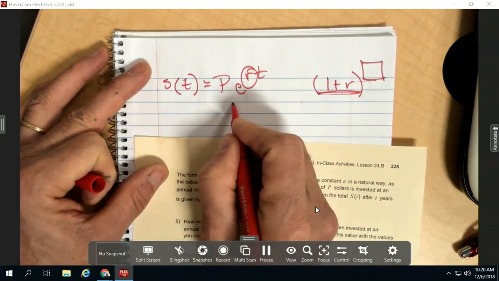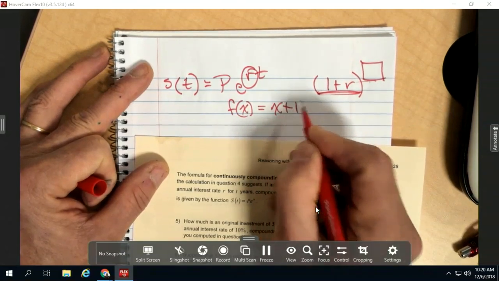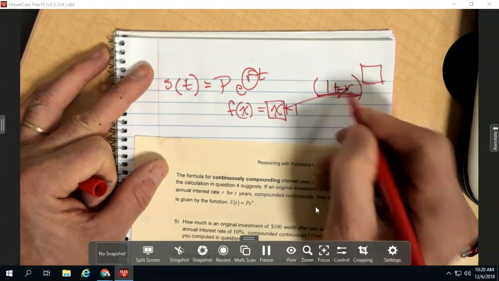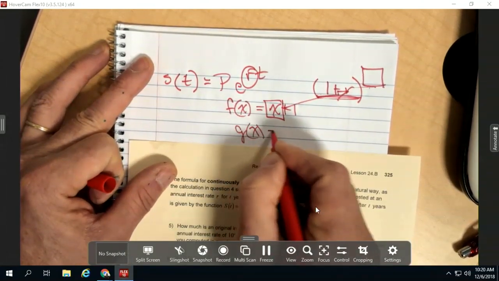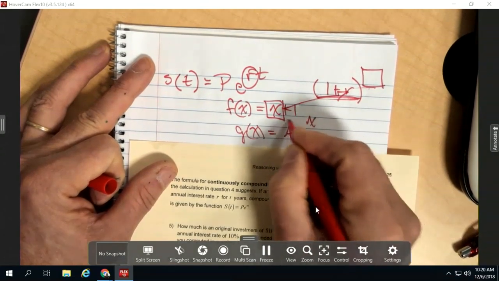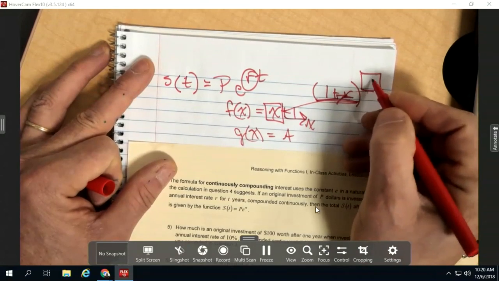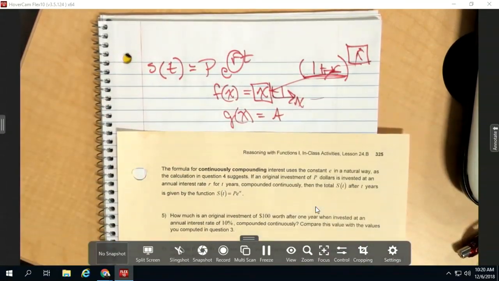If you remember that function we just got done with, f of x equals x plus 1, this is where that number came from, x plus 1. g of x is a to the x. This number went from being down here, part of the base, to being part of the exponent.